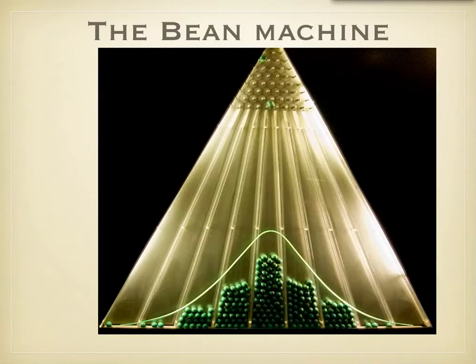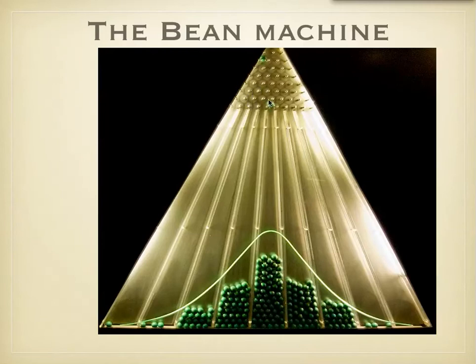Another way to think of how that distribution occurs is to take a look at this bean. It's called a bean machine, and it is a machine that randomly distributes beans as they come down this device. And you can see that at the very top, each time a bean can go one way or the other, left or right, left or right.